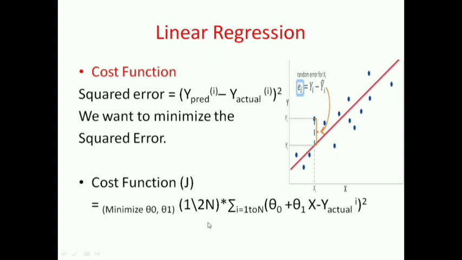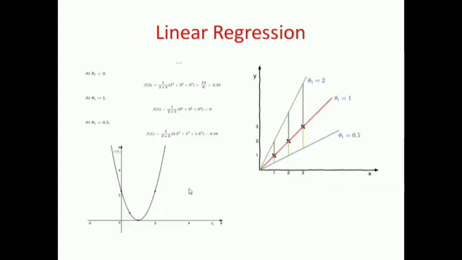Also, empirically, it has been found that if we multiply this value by 1 by 2n, it reduces the computation cost. So finally, the cost function J is equal to 1 by 2n multiplied by the summation of (theta naught plus theta 1 into x minus y actual) whole square. What we want to do is find theta naught and theta 1 such that the cost function is minimum.